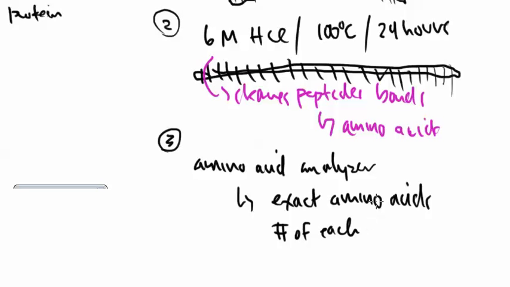So it gives me an idea of how much alanine is there, how much glycine is there, how much tryptophan is there. It will tell me that arginine was not found. It will go through the protein and analyze every single amino acid and give me the actual content of all of it. So very important for number 3. That's the power of the amino acid analyzer.